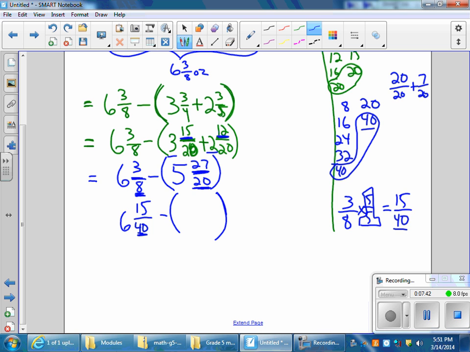Or another way to find that is to divide 27 by 20. 1 whole with 7/20ths left over. 1 whole and 7/20ths left over. So I'm going to take the 1 whole that I got and add it to the 5 and have 7/20ths left.